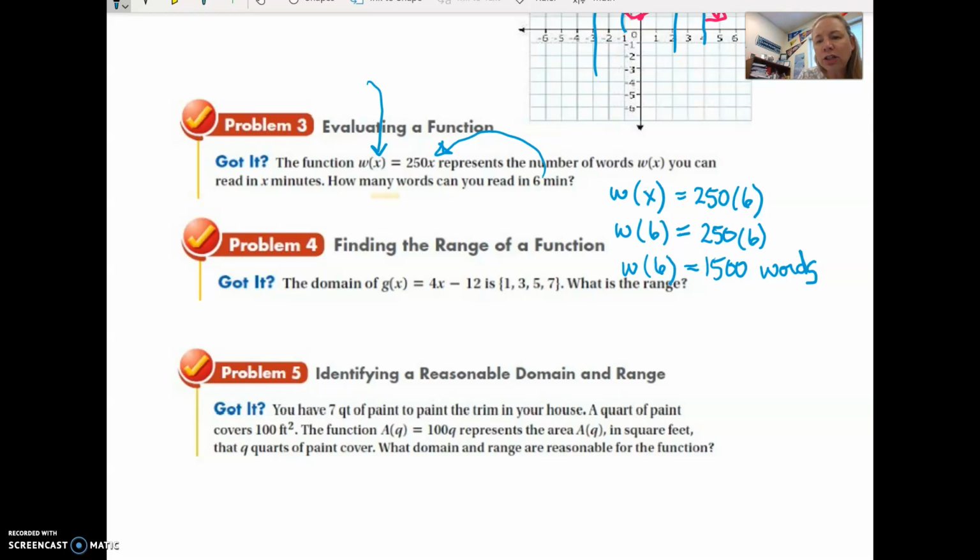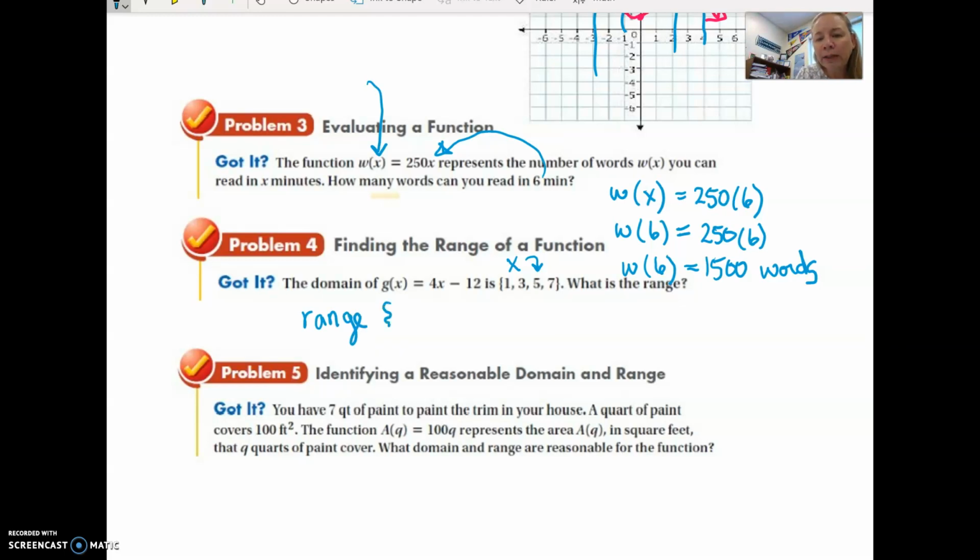The next question wants you to find the range if you're given the domain. So remember that the domain represents your X values. So all of these in this set represent X, and they want us to find our range or solve all of them for Y. So I'm going to say then our range would be all the values.